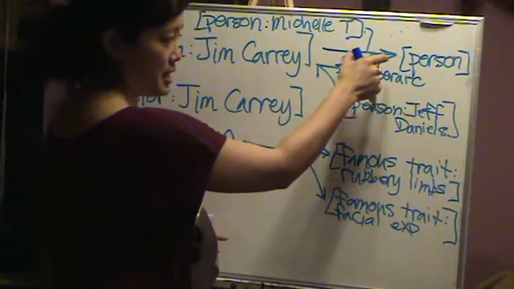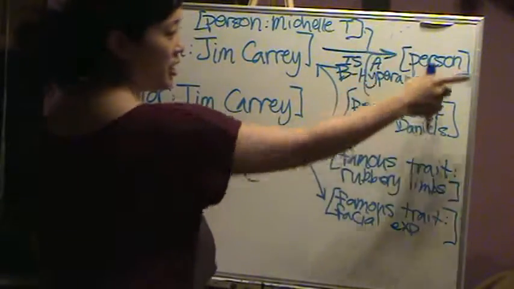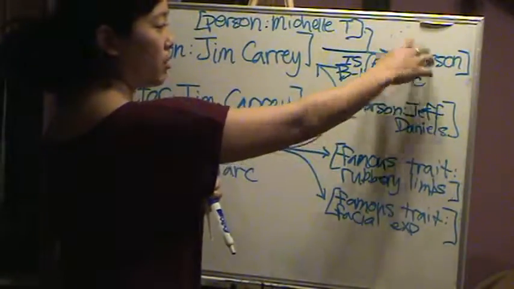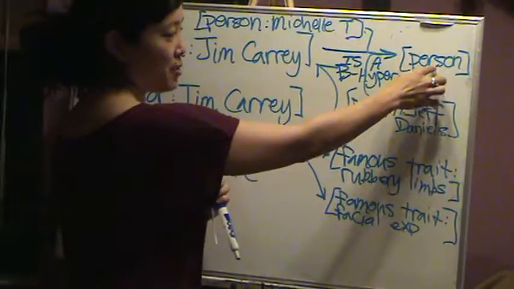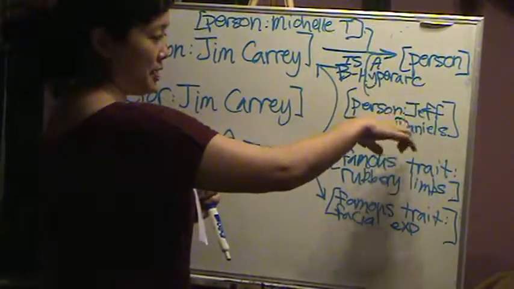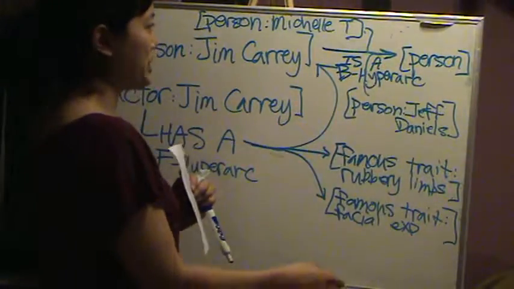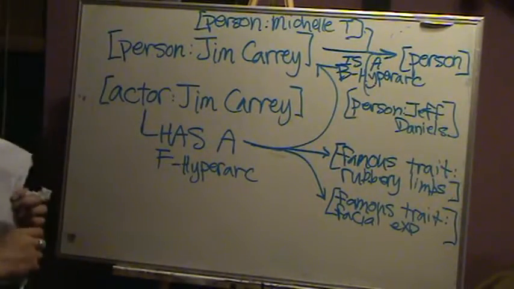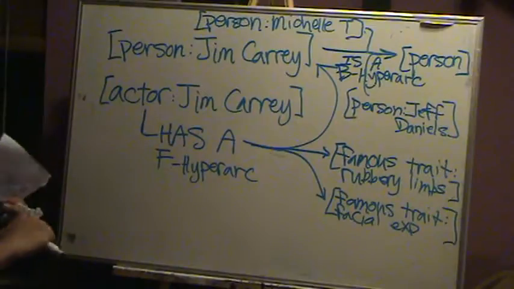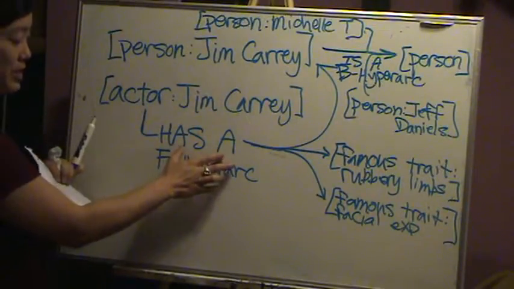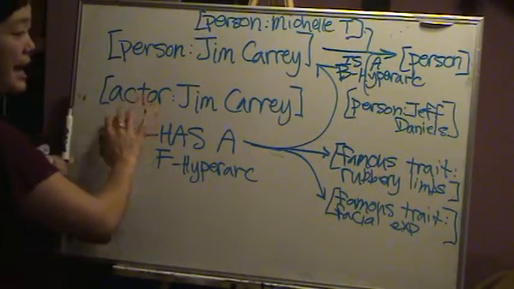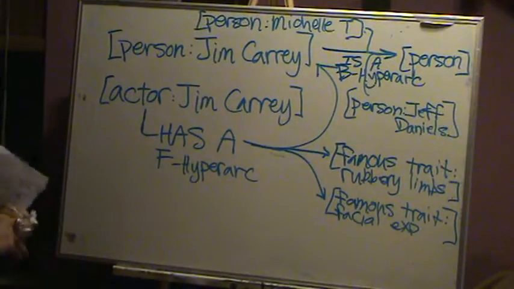It's the is a hyperedge of person. And from it, by starting at person and looking at the tails of the is a relationship, we can see all instances of person. Here, via the has a relationship, we can see all the properties that actor Jim Carrey has.